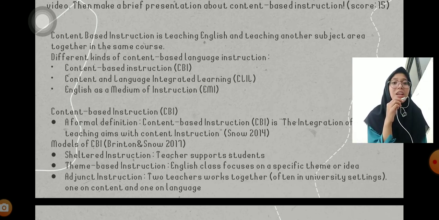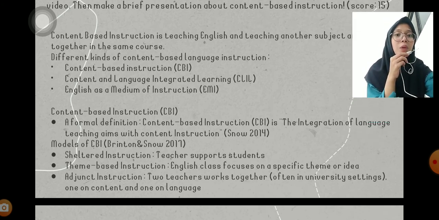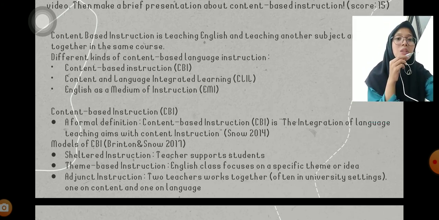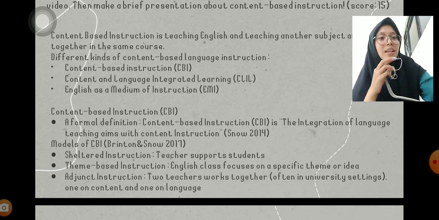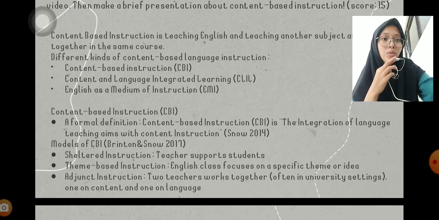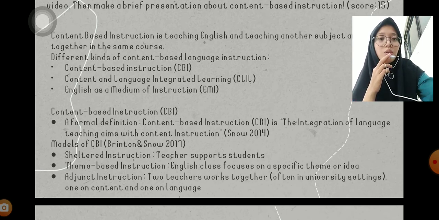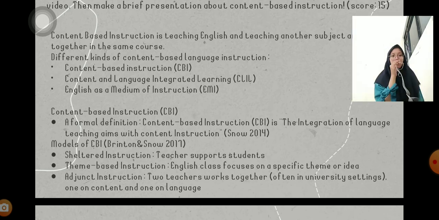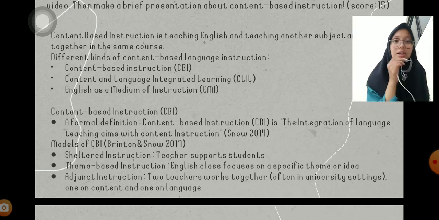The next, content-based instruction or CBI. A formal definition: content-based instruction is the integration of language teaching aims with content instruction, Snow 2014. The model of CBI, Brinton and Snow 2017.